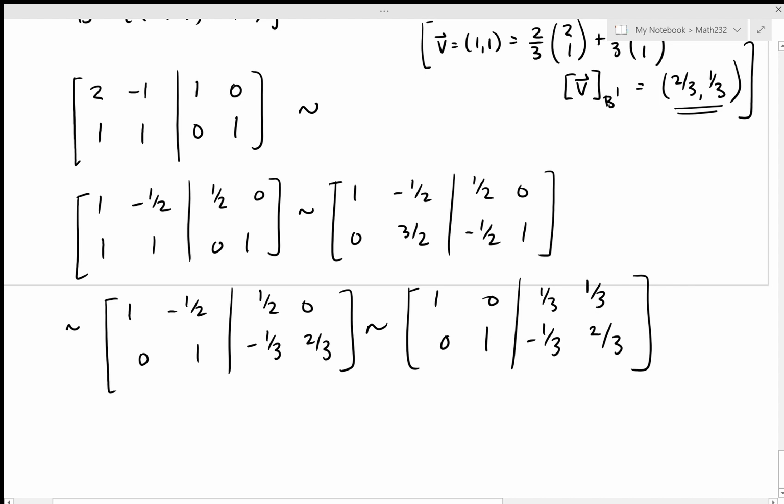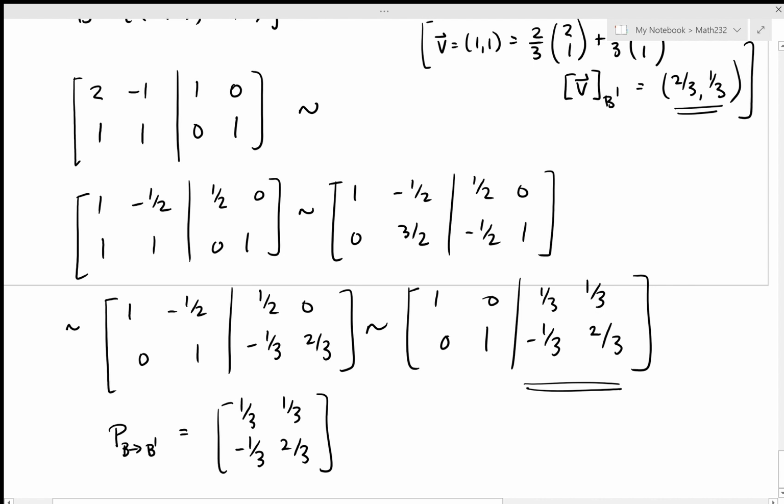So what I have then is the transition matrix right there. I've called that, well, what have we been calling that? That is going to be P from B to B prime, this guy here: 1/3, 1/3, minus 1/3, and 2/3. There it is.